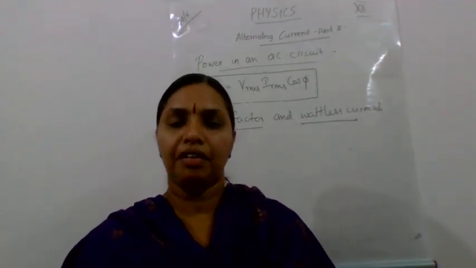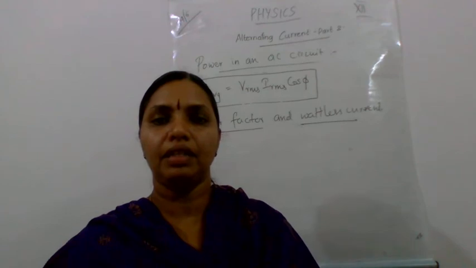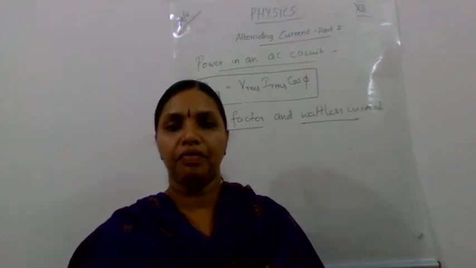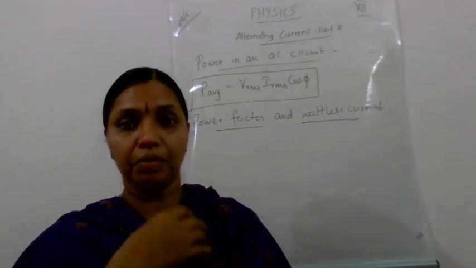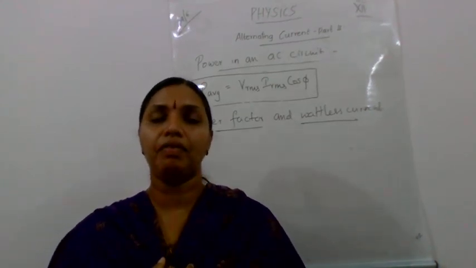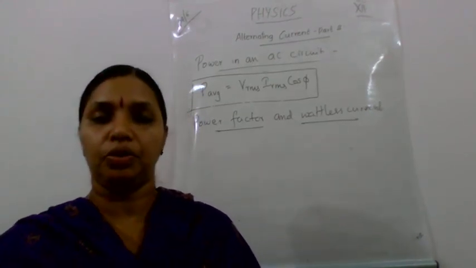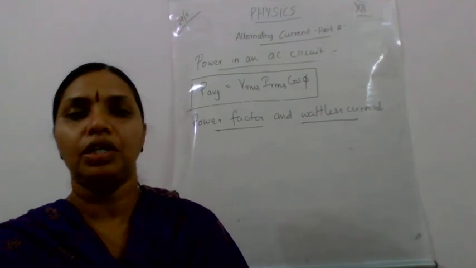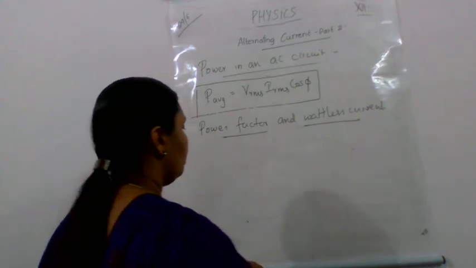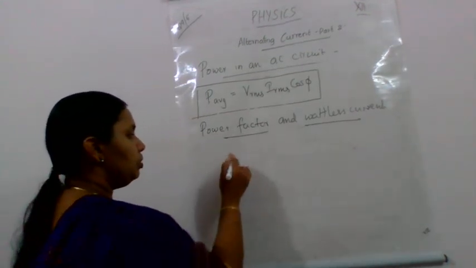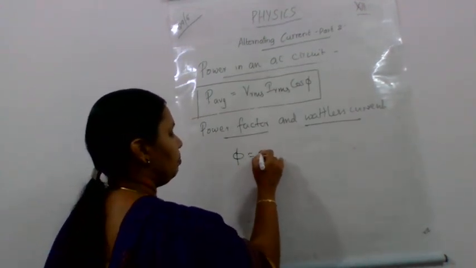When will the power factor be maximum and minimum? It is maximum when phi is equal to 0 and minimum when phi is equal to 90 degrees. Then what is wattless current? Look at the case of phi equal to 90 degrees, that is phi equal to pi by 2.